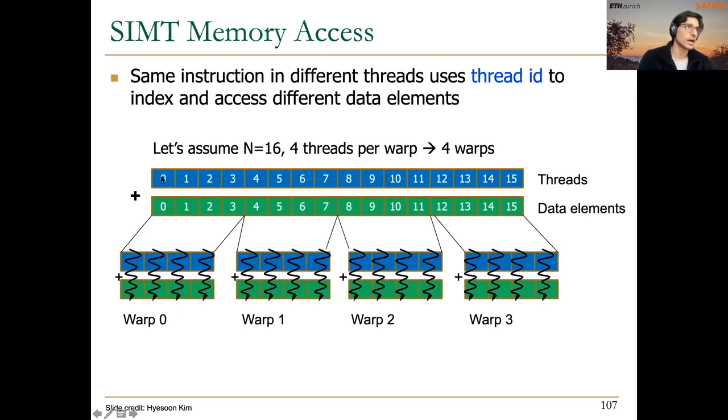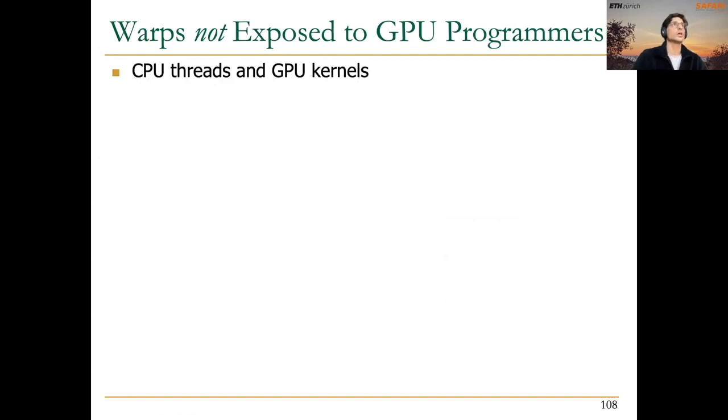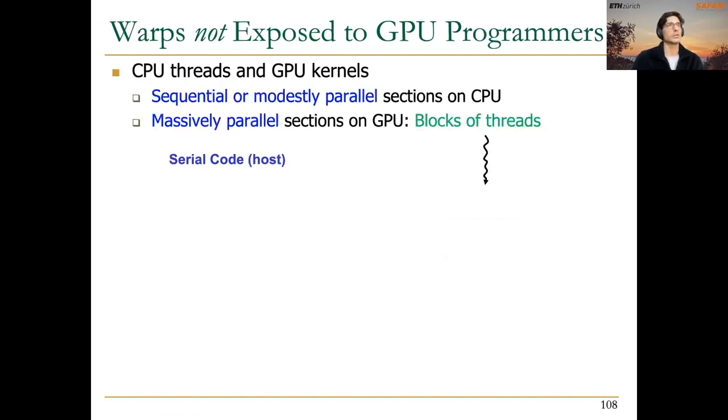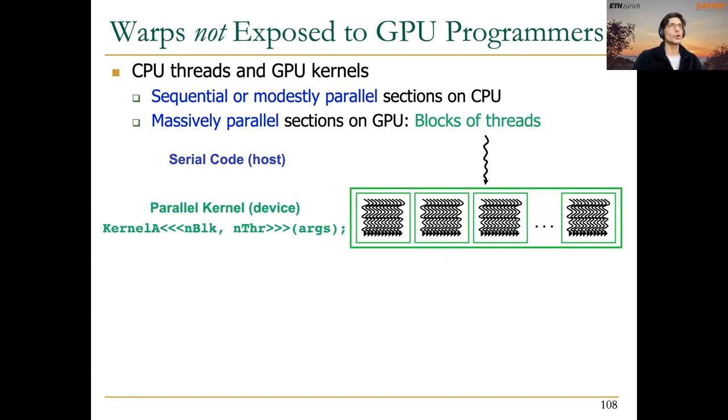So thread 0 accesses these 2 elements, thread 1 accesses these 2 elements from the 2 arrays. As you see, it's also pretty simple to write the code for these threads that will later be executed onto the SIMD engine.